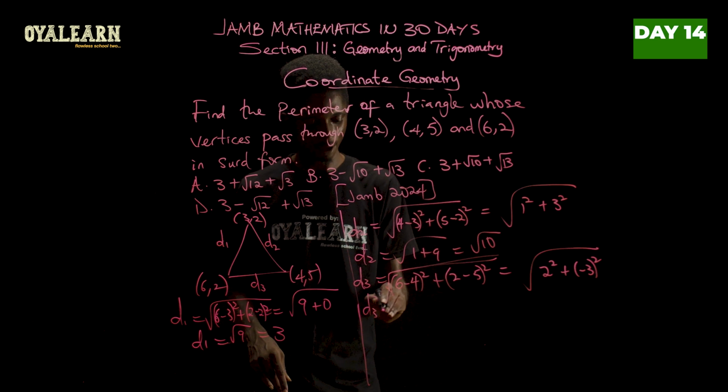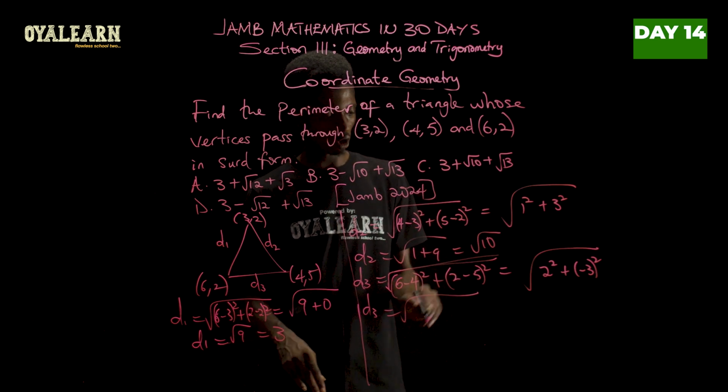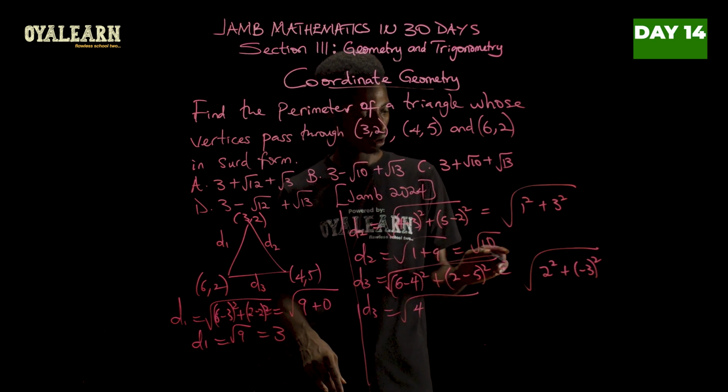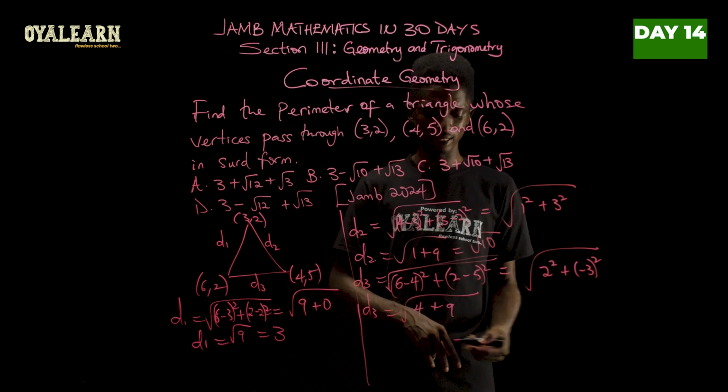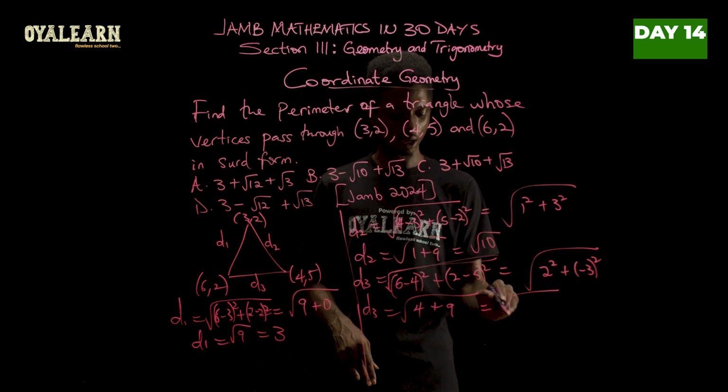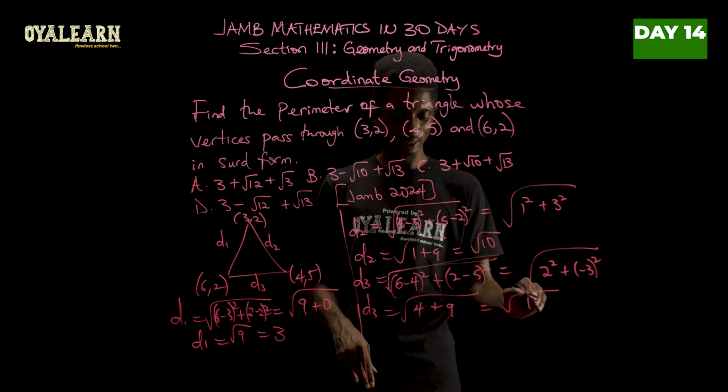So D3 therefore becomes square root of 4 plus 9, because minus 3 times minus 3 gives us 9. So this will be square root of, now when we add, this is 13.